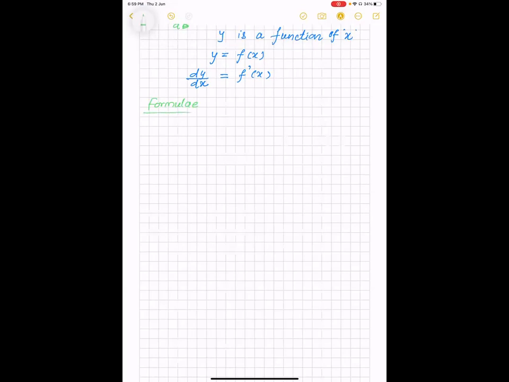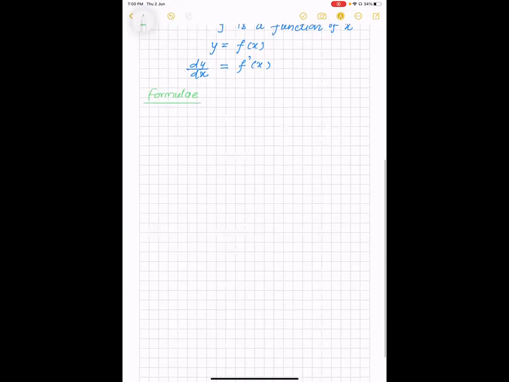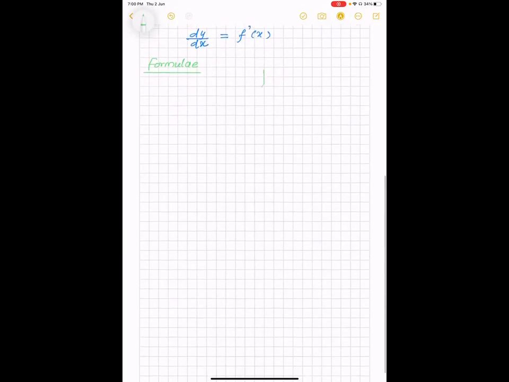We are going to see different sets of formulas for different kinds of functions. Let me draw a line first. On one side, we'll write the function, on another side, its derivative. So let's say y, and we have dy by dx.